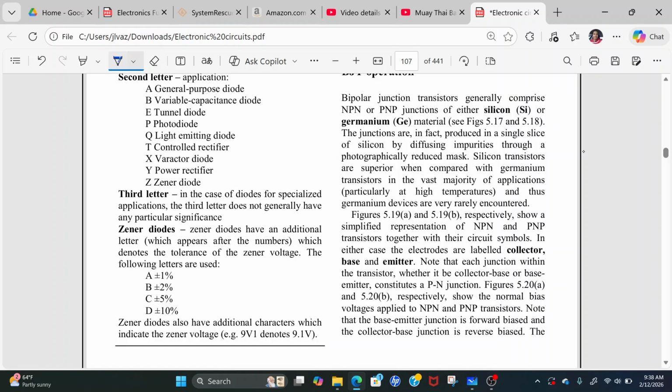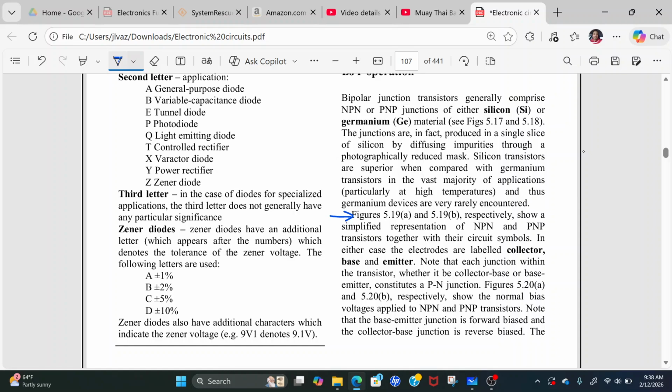It says figure 5.19a and figure 5.19b respectively show a simplified representation of an NPN and a PNP transistor together with their circuit symbol. In either case, the electrodes are labeled collector, base, and emitter. And note that each junction within the transistor, whether it be collector-base or base-emitter, constitutes a PN junction.